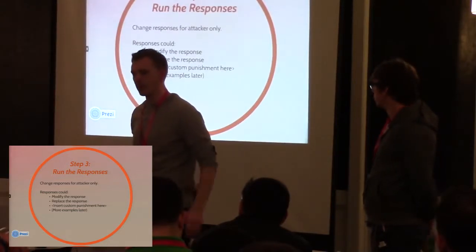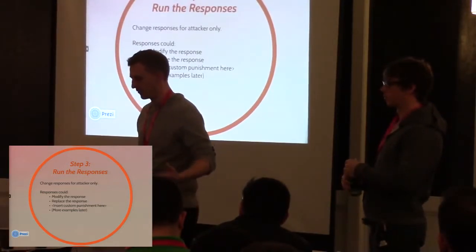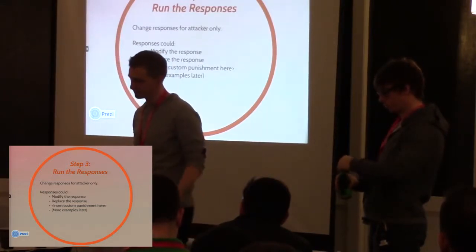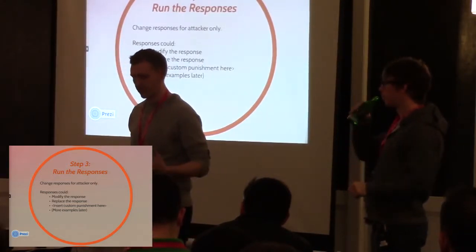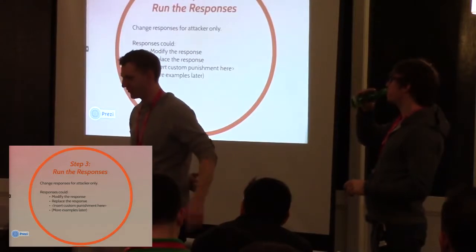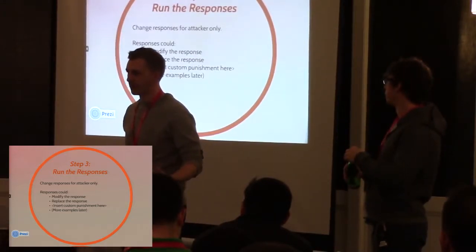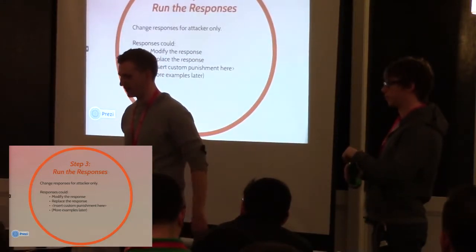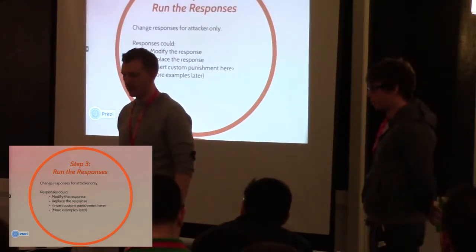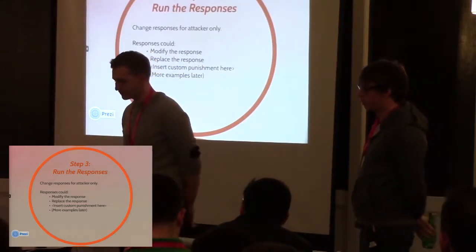Maybe we're going to send them a message that says, hey, we know what you're doing, we'd appreciate it if you didn't attack our site, or we've noticed this security exception, our security team has been alerted. Or who knows, maybe we just want to send them some message so that we can say, hey, we're on to you, we know what you're doing, and that might be enough to get them to move on somewhere else.